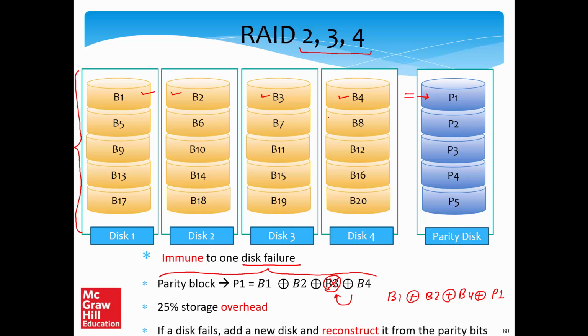We had seen the notion of parity in the context of error correction and error detection. This is something similar. We are assuming a fail-stop model of failure, which basically means that if a disk fails, it stops and the system is aware of it.